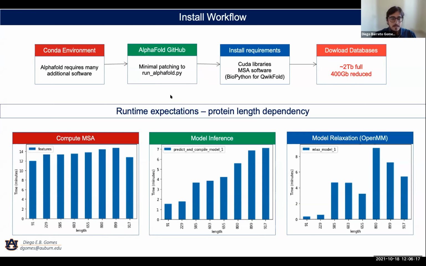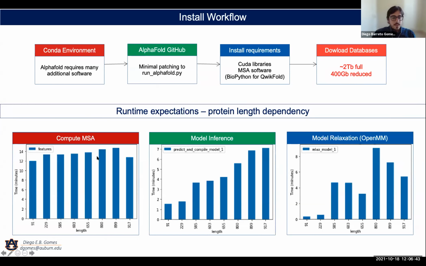So what are the expectations for running the software? Alphafold does 3 things. It computes the sequence alignment to get the information. From that information, it infers a new model for your structure. Once it has an initial model, it has to do some relaxation.